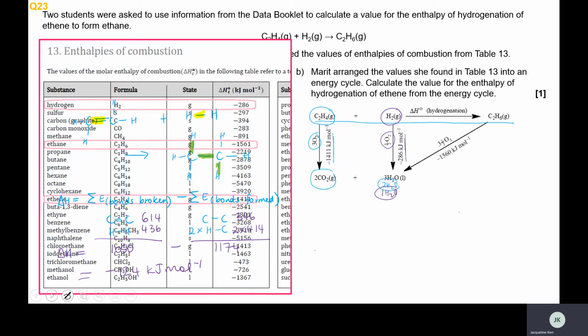So what we can say is this whole thing combined, here, if we combust both ethene and hydrogen at the same time, we should be able to add these values together. So what's that? We would get minus 1,697 kilojoules per mole.